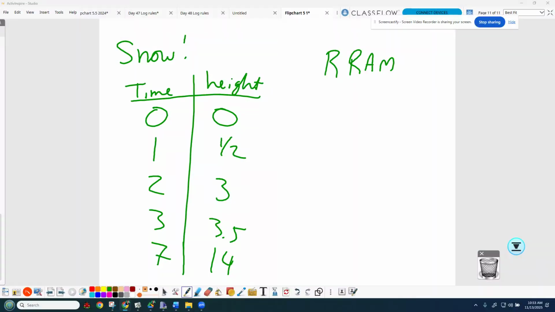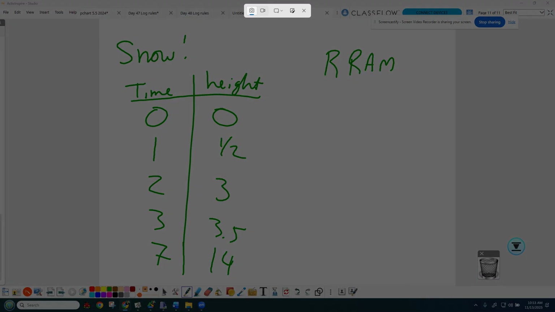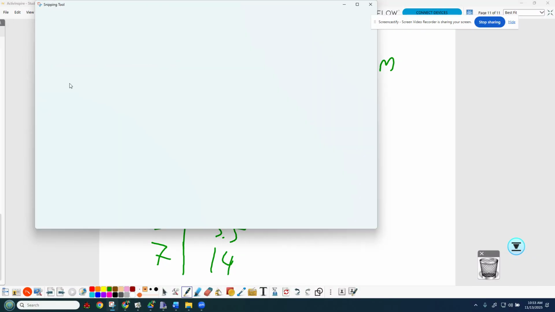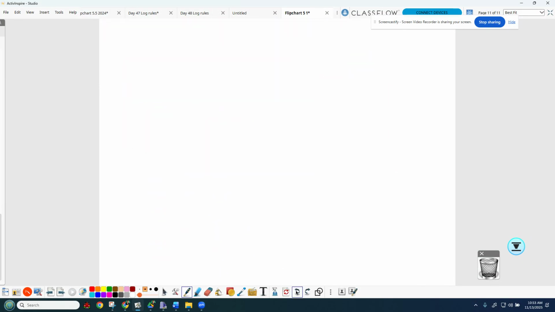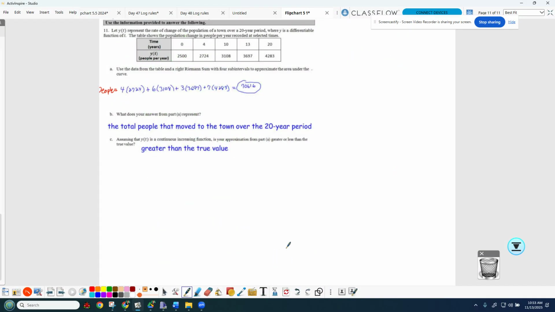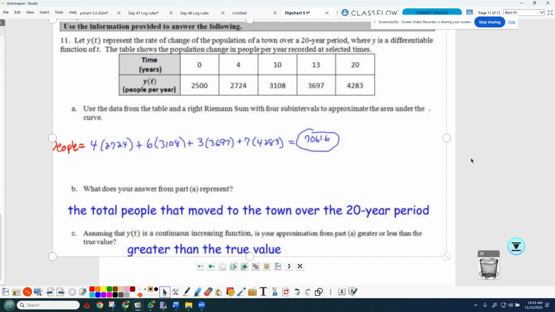Are we doing calibrants? Yeah, bad example.